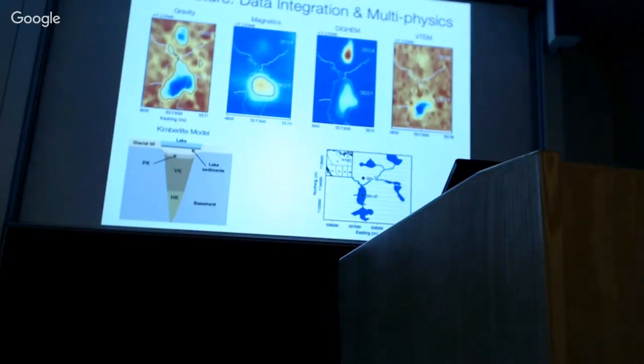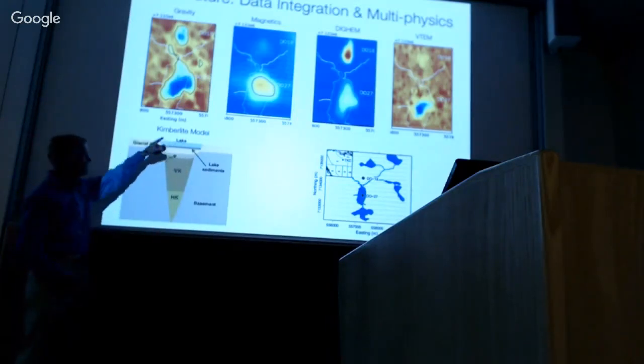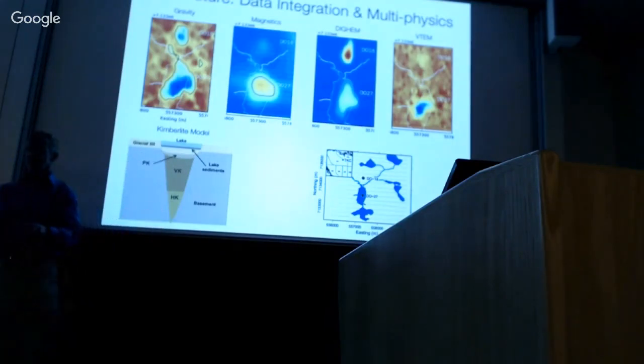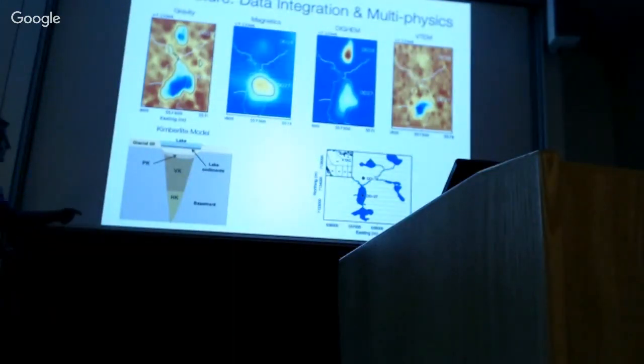Integration with multi-geophysics. This is work that my group has been doing for the last couple of years. We just published 3 papers in Geophysics and Interpretation. But diamonds, okay, they're stable in the mantle, so at 100 kilometers depth.